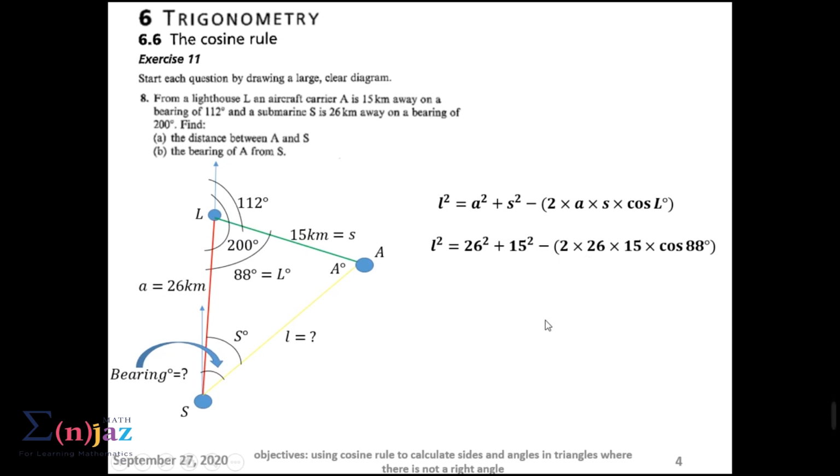This is not ready to be inserted in the calculator yet, because we need to square root each side first, because we are solving for L.